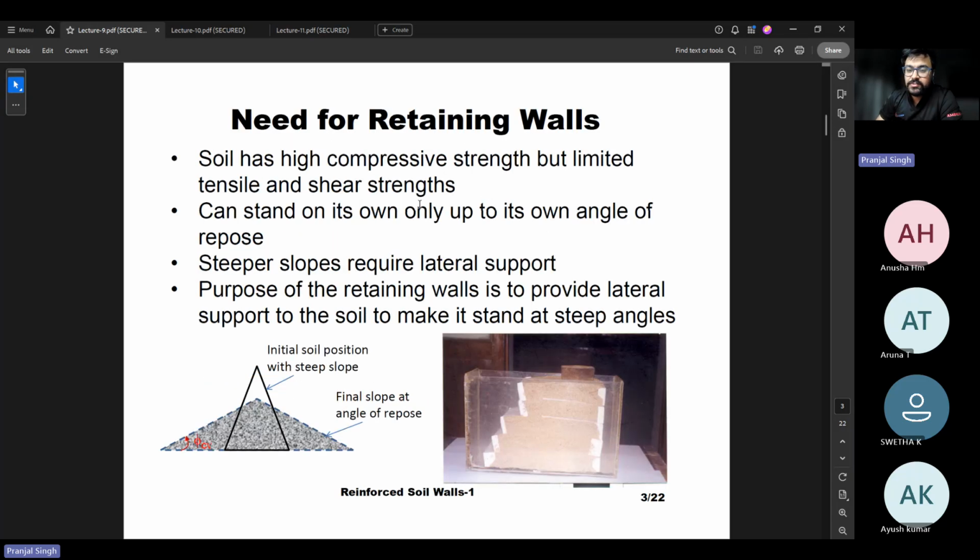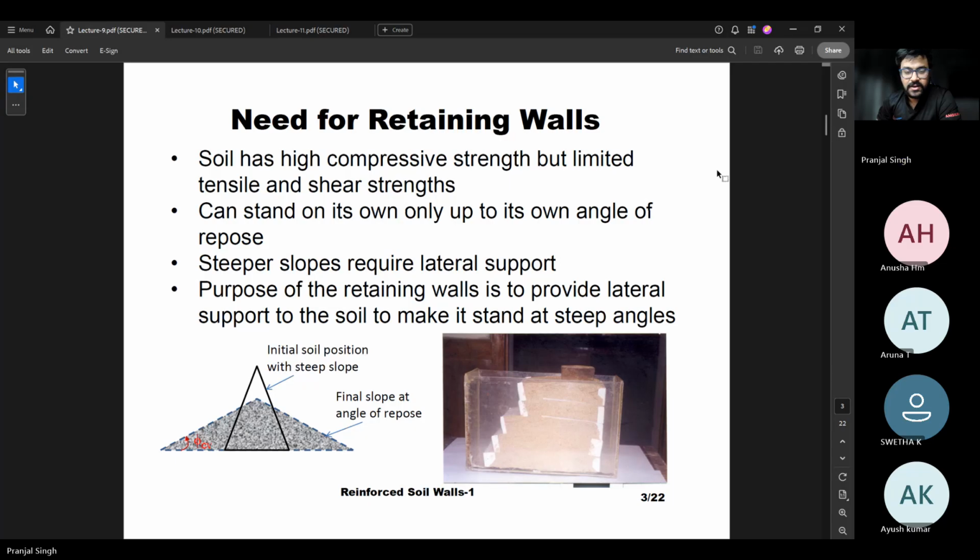I assume you are already aware of the basics of soil mechanics. Soil has limited strength, so it cannot stand at steep angles. And whenever we have a structure where we require steep angles, you need to provide some support.